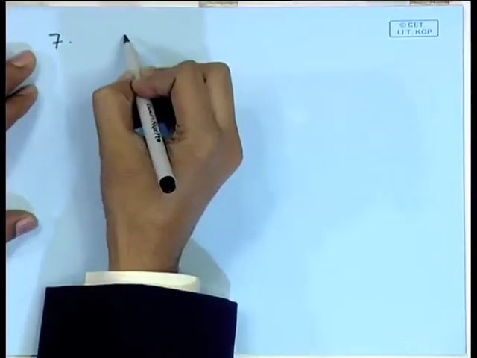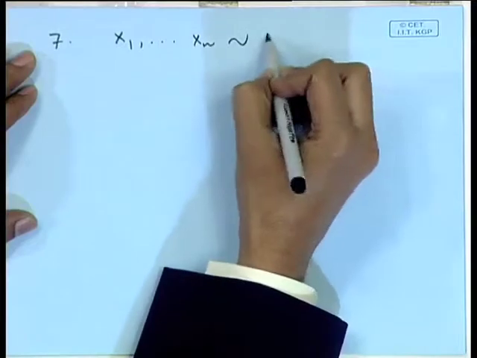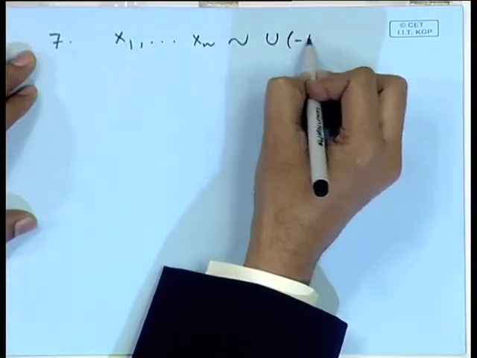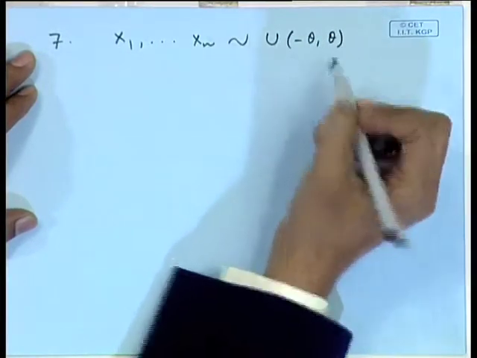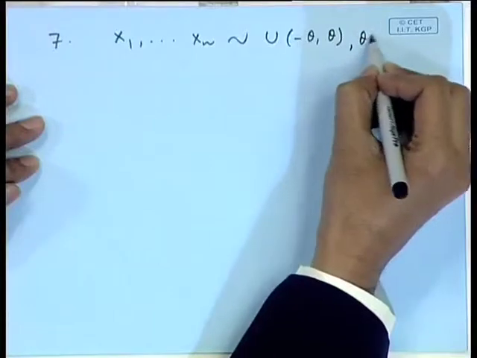Another thing is that here we have seen that we have to write the number of equations equal to the number of parameters, but there may be some situations where this kind of situation may arise. Like, if I consider, say, uniform(minus theta, theta), that means it is a uniform distribution on a symmetric interval, but we do not know the range of the interval, therefore, theta is unknown.